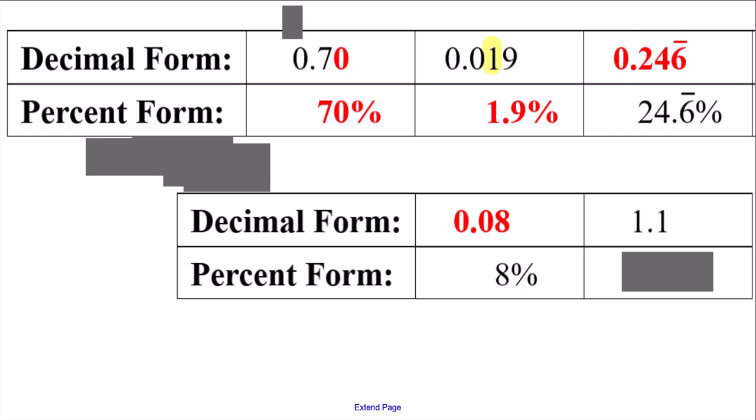Again, if you're trying to make the decimal point go 2 places to the right, it would have been at the end here, and then you would move it 2 places to the right to get 8 hundredths. If you messed up on any of these, feel free to quickly hit pause and fix what you have to fix. And then finally, we're going back from the original decimal form into percent form like we did in these first 2 problems. So move that decimal point 2 places to the right, and that's going to put it as 110%.